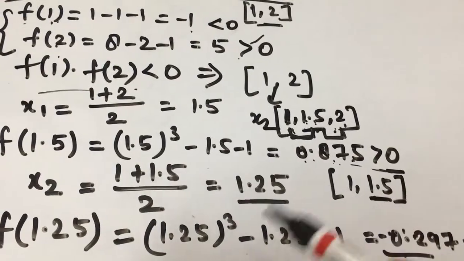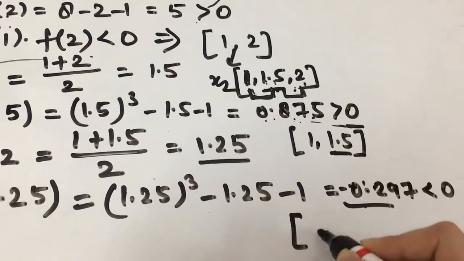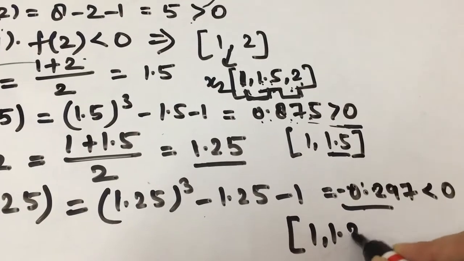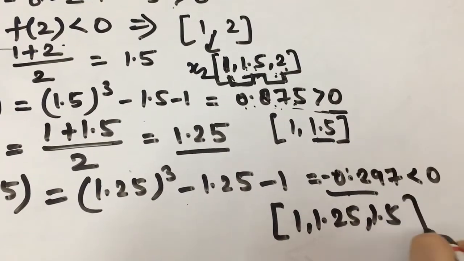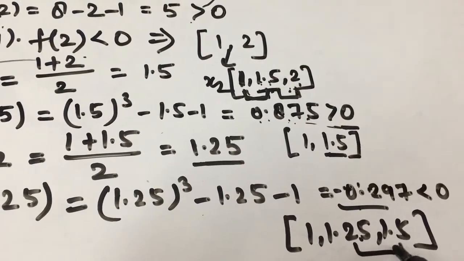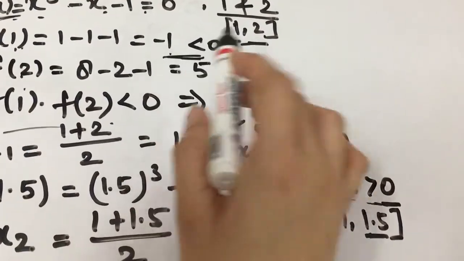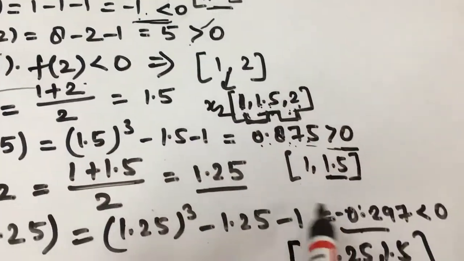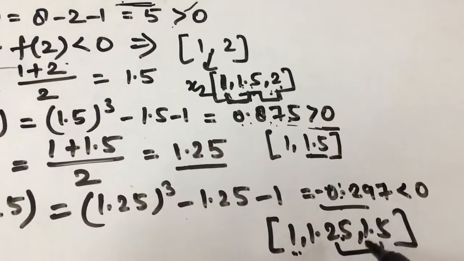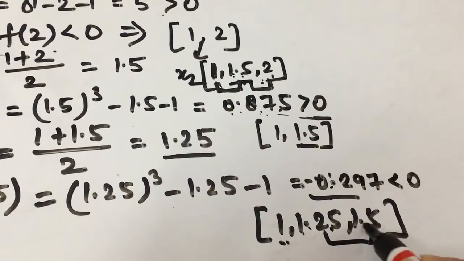Hence my third approximated root will lie between 1.25 and 1.5, because the value of f(1) is itself negative, and in that interval a solution can't exist. So my third approximated root will lie in interval 1.25 to 1.5.